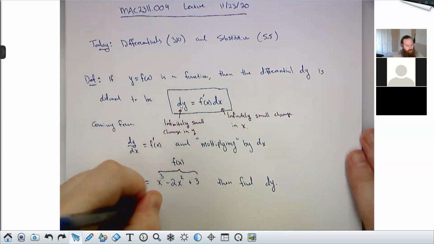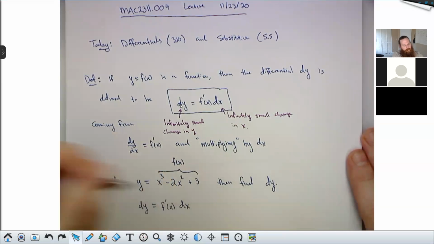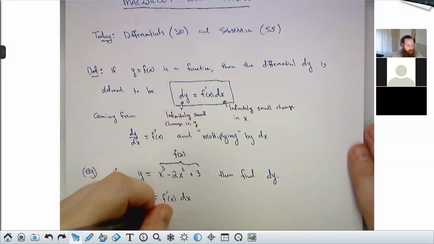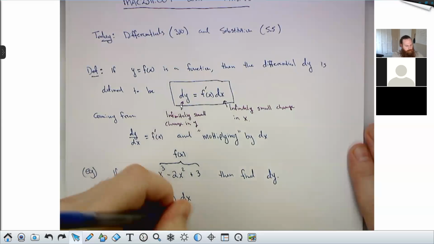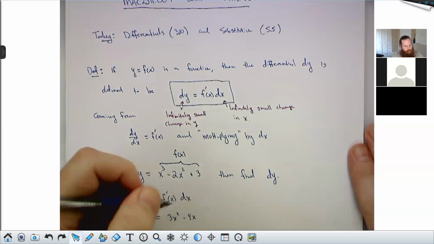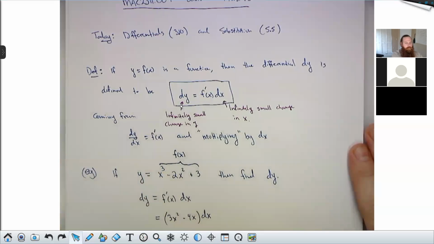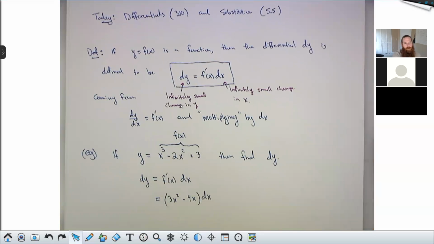So dy should be f primed of x times dx. And f primed is 3x squared minus 4x. So you would put all that in parentheses and then slap on a dx, and that is dy. This is it. You just take the derivative and then multiply that whole thing in parentheses by dx, or whatever your inside variable is.